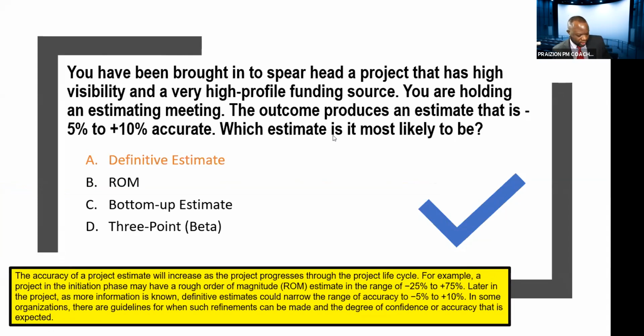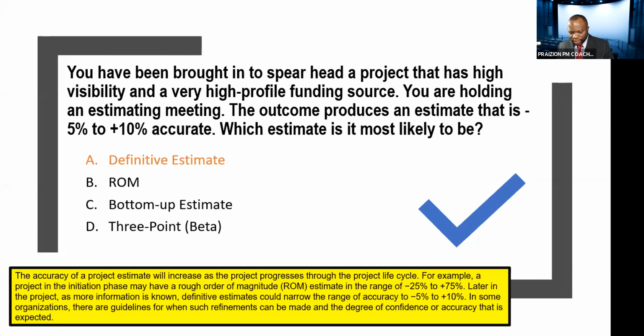Can someone please type in the page this is on? It says, for example, a project in the initiation phase may have a rough order of magnitude estimate in the range of -25 to +75%. Later in the project, as more information is known, definitive estimates could narrow the range of accuracy to -5 to +10%.